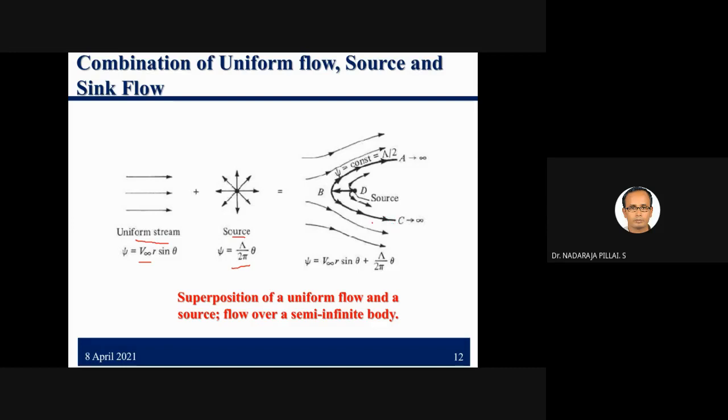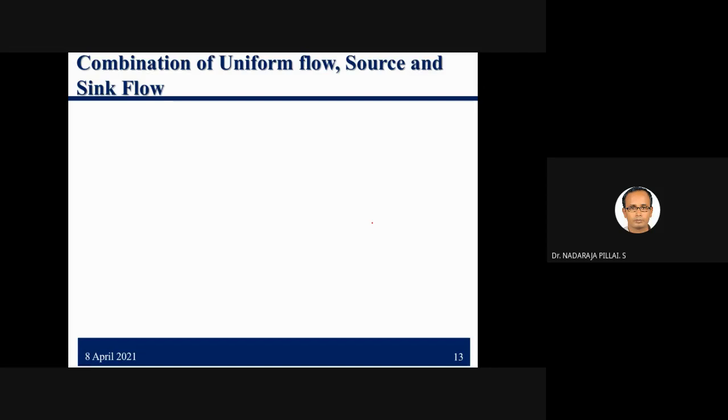We will start with the discussion. The flow is from left to right, and we can write the stream function ψ is equal to V∞ r sin θ plus λ by 2π θ.